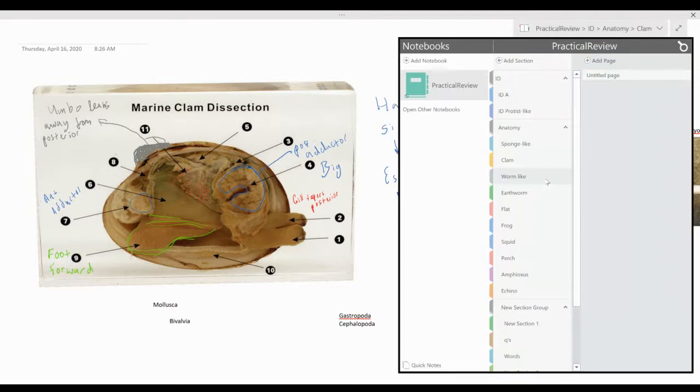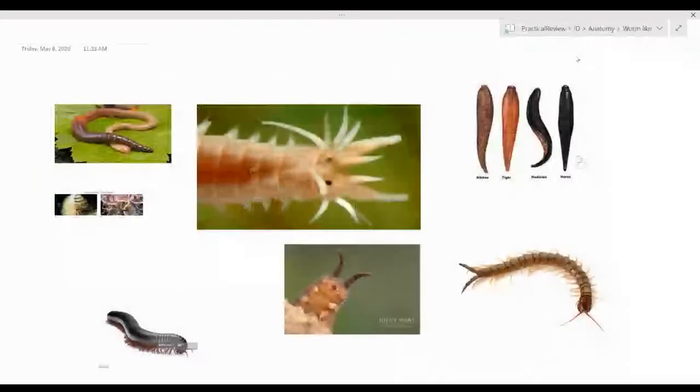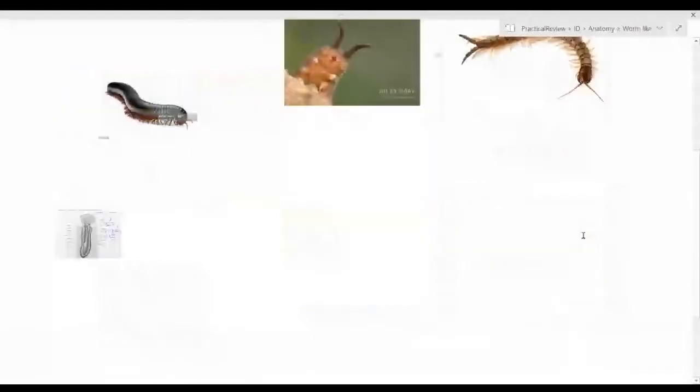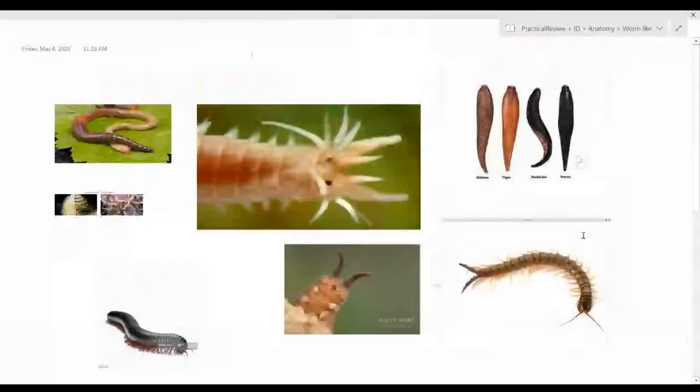So I showed you sponge-like. Now these are worm-like animals. A few of them are true worms, which means that they're annelids.